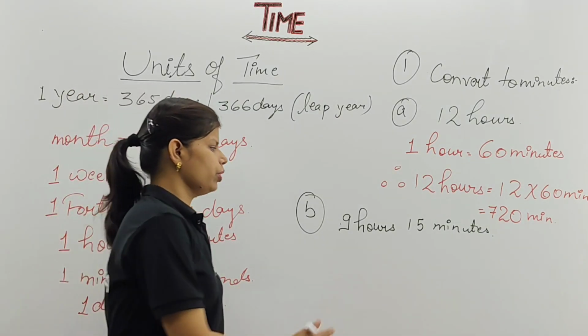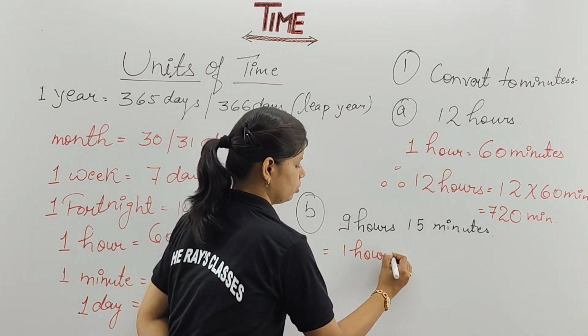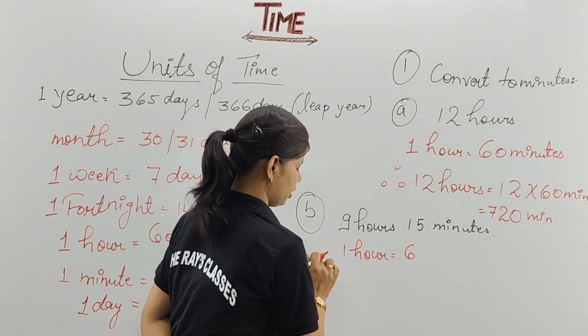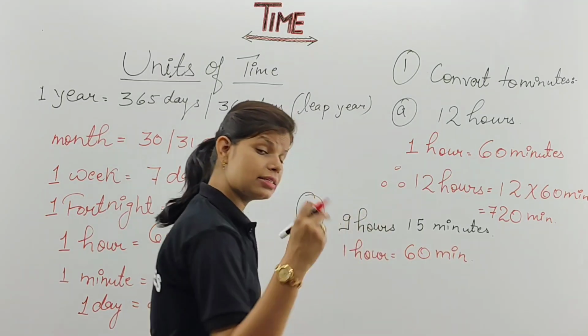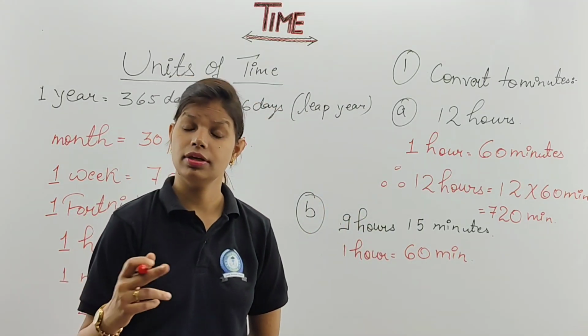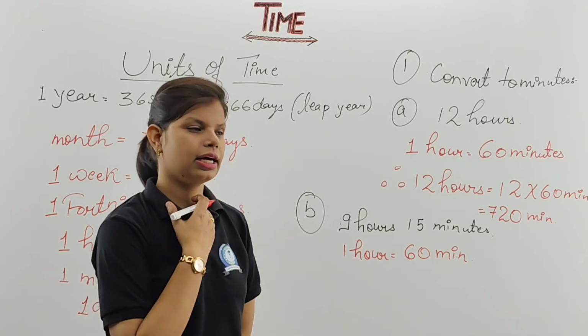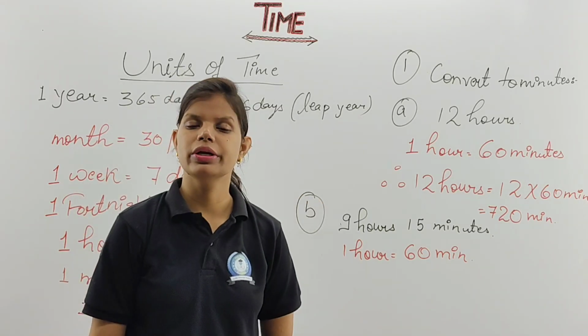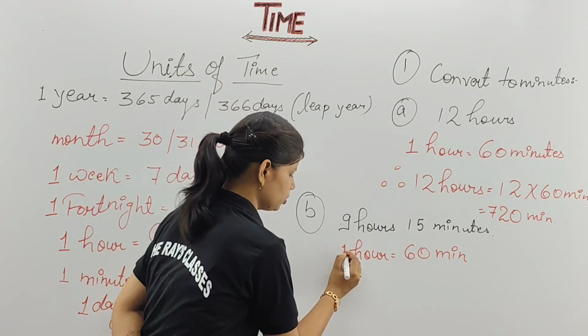So what you are going to do, you will write like this: 1 hour equal to 60 minutes. As per your class children, please write the formula again and again. In every video of mine, whenever we are discussing the numericals, I always say that you have to use units properly, because these all are going to give you the step marking in examinations.